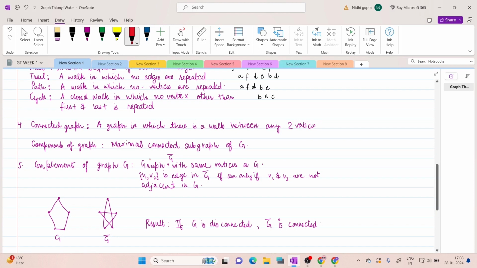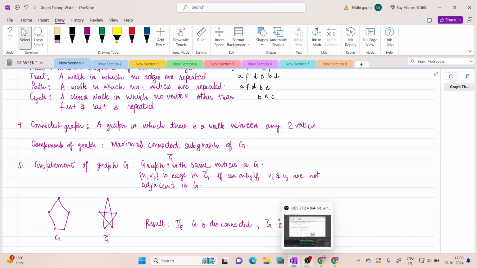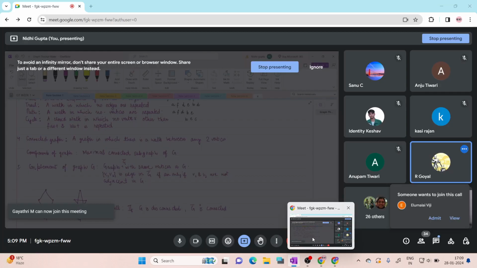Up till all these concepts, does anyone have any doubts in any of these definitions? I have written a query in the chat box. Yeah, you can speak your query. What's the difference between the Eulerian path and the trail?